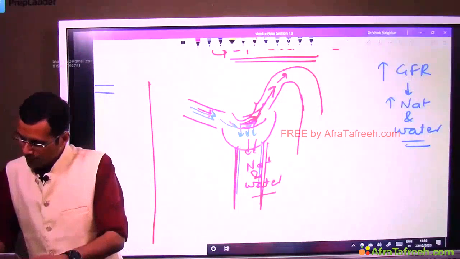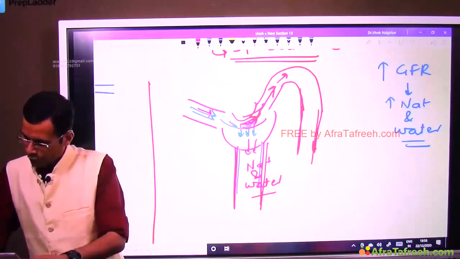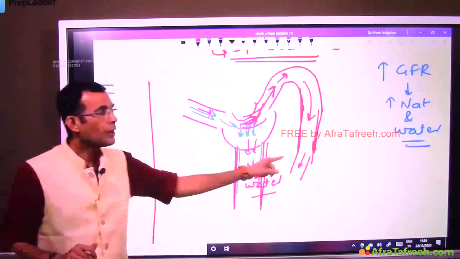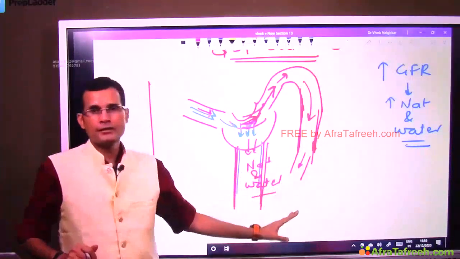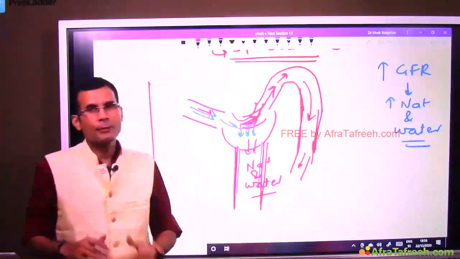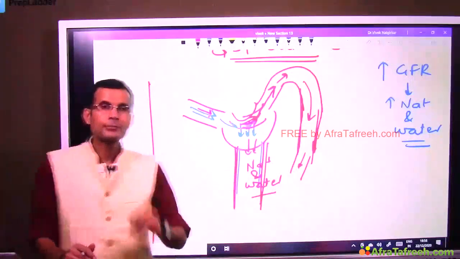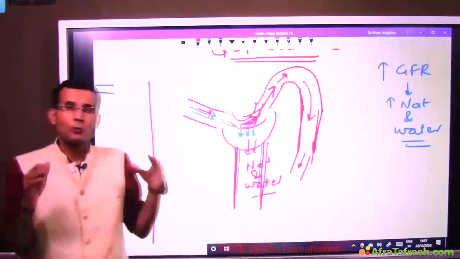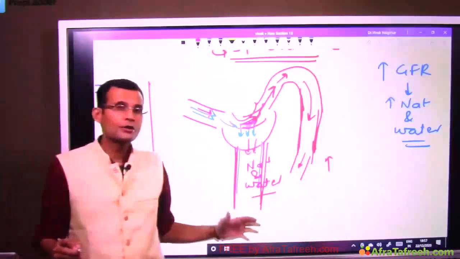Now this blood from the efferent arteriole will come to the peritubular capillaries. Around the tubule there will be peritubular capillaries. Now this blood in the peritubular capillaries will have a high concentration of proteins.